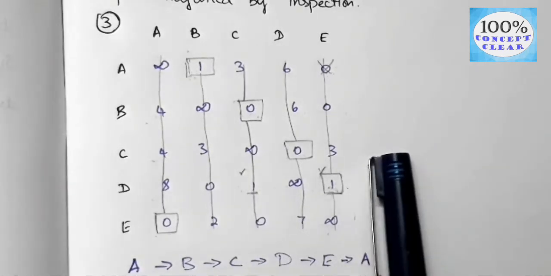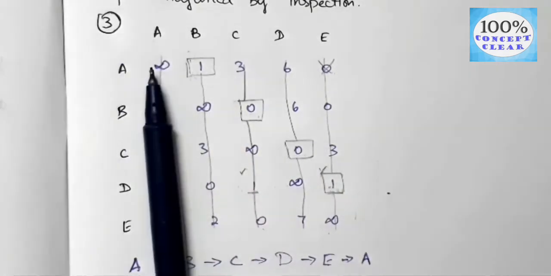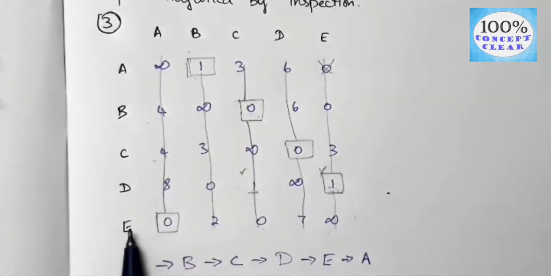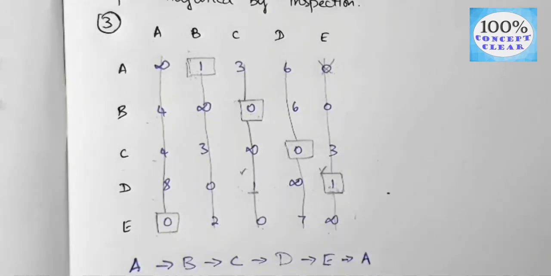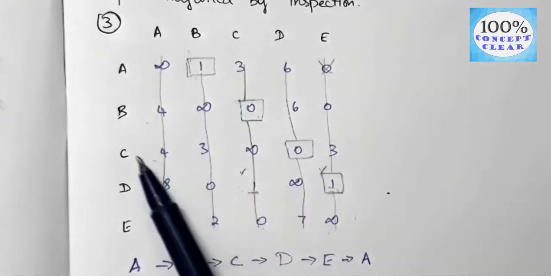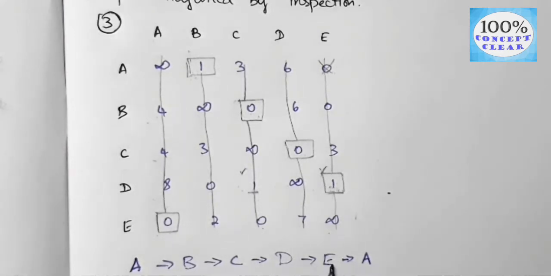Now check for the condition. The condition is the salesman should start from the city and should visit all the cities only once, and finally he should return back to the city where he started. Now check whether he has visited all the cities. See, we have A, B, C, D, E. We have 5 cities and see here A, B, C, D, E. Here salesman travelled all the cities.